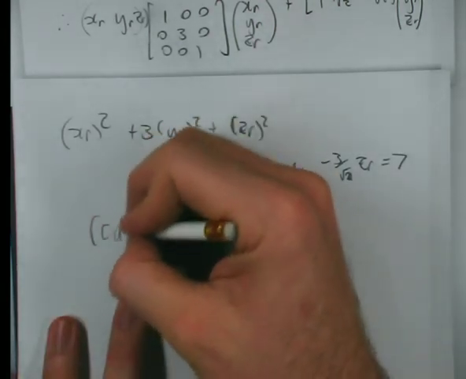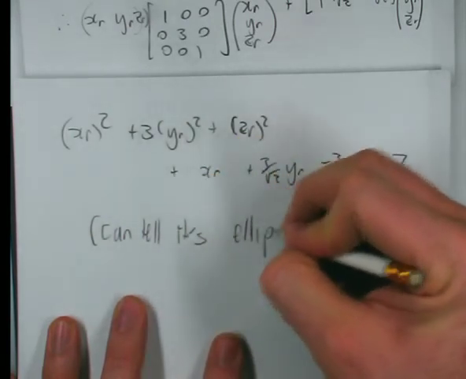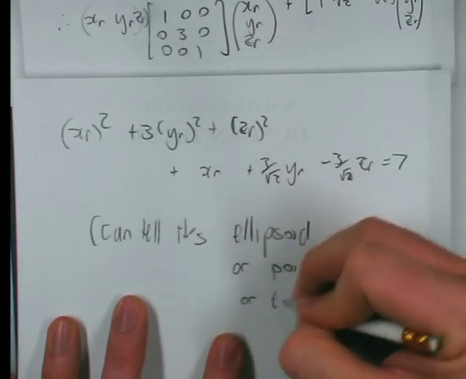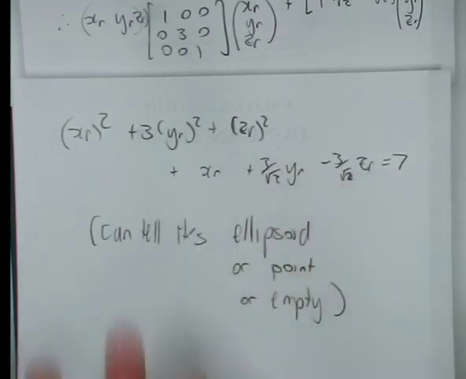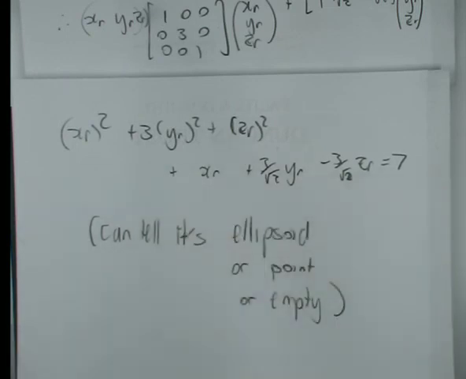So we can tell it's an ellipsoid or a point or empty, depending on what happens after we complete the squares. Though most likely to be an ellipsoid, it would have to be really, really specific for it to come out to one of the other two. Well, it's really unlikely for it to be a point, but it could be empty. Can't be sure.